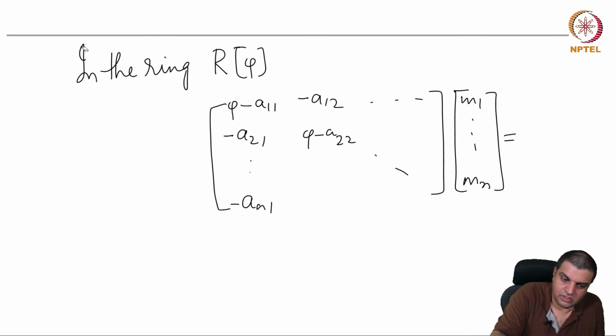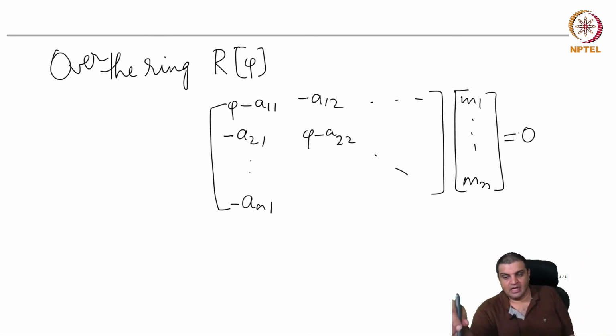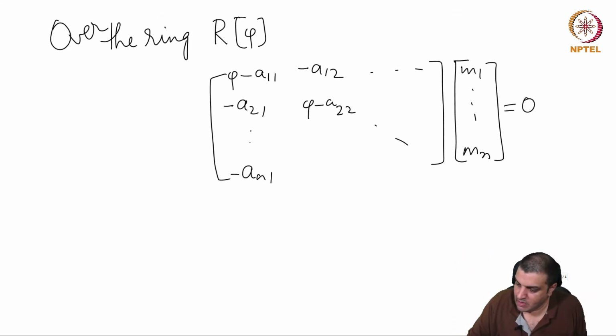So M is also a module over that ring, and over that we get this expression, which is 0. This matrix has entries in this ring and not in R. But what does that say?